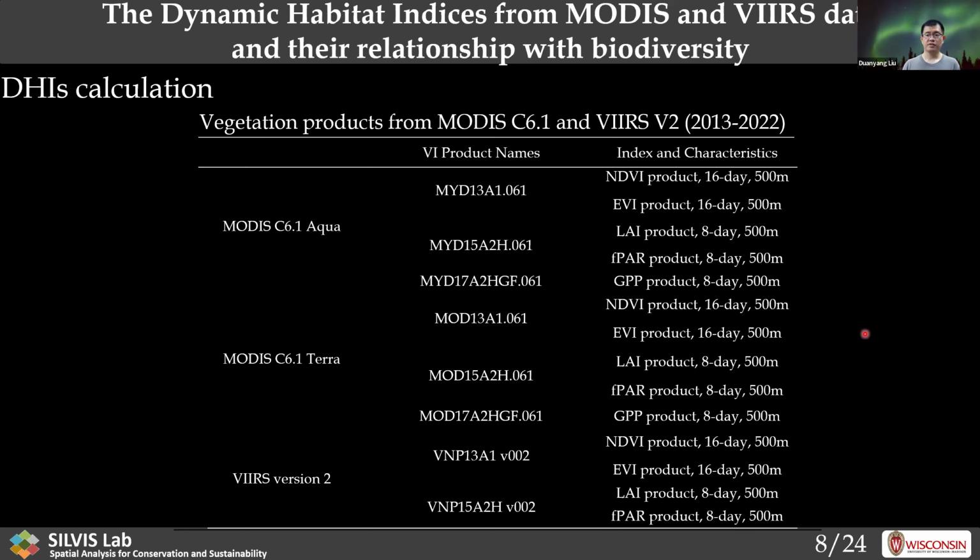And furthermore, the performance of 1 single vegetation product may differ across different biomes. For example, 1 product may perform well in grassland, but perform poorly in the boreal forest, which may introduce bias or misinterpretation when applied across different ecoregions.